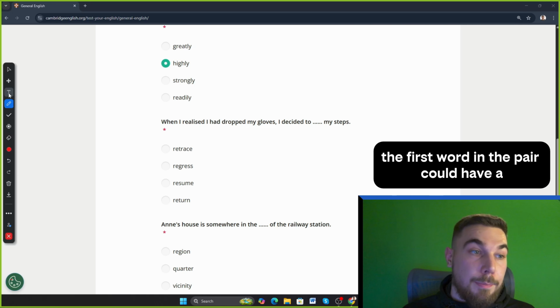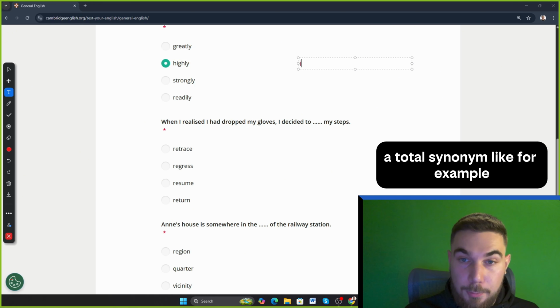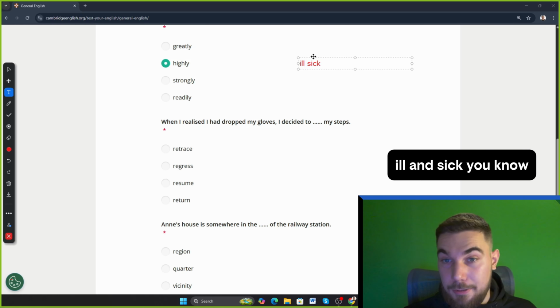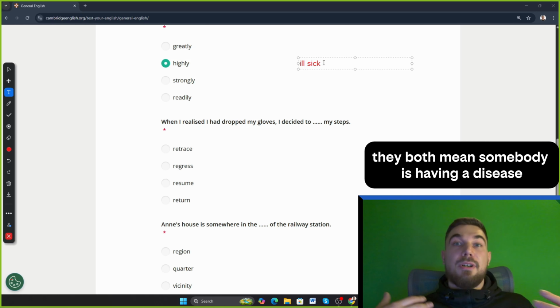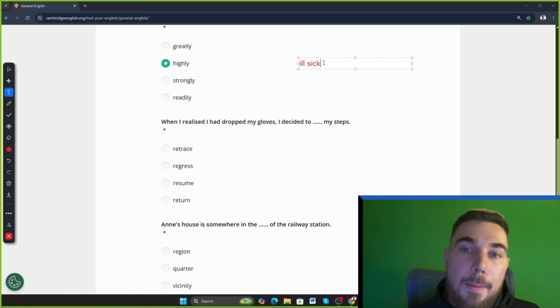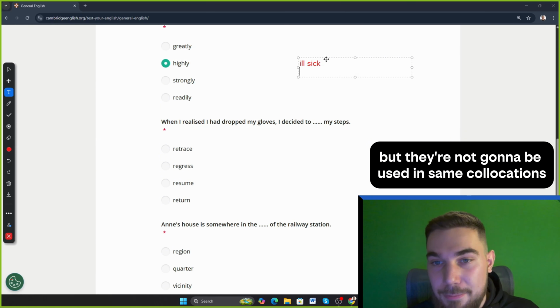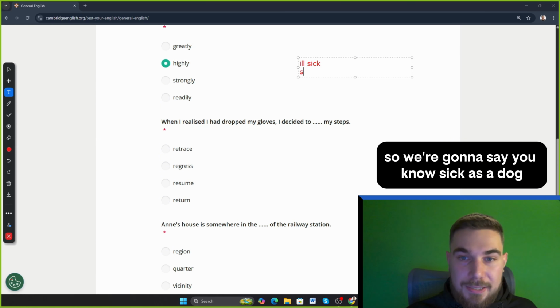The problem with collocations is that those are 2 words that usually go together, and sometimes the first word in the pair could have a total synonym, like for example, ill and sick. They both mean somebody has a disease, but they're not going to be used in the same collocations. So we're going to say sick as a dog.